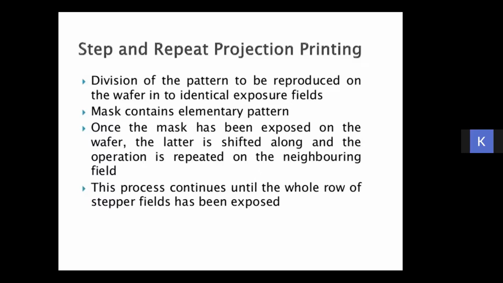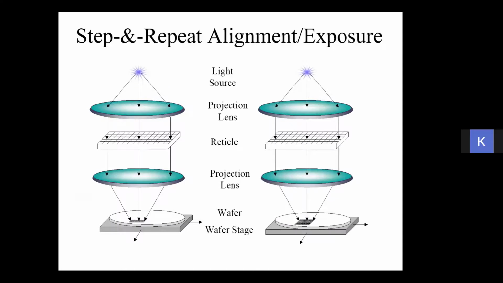You can see here, you have a mask, and its pattern gets reduced because of the projection lens. Your mask may have a larger dimension, and you can reduce the size, as you do in a Xerox copier. You can reduce the size of the main thing. So similarly here also you can do that.